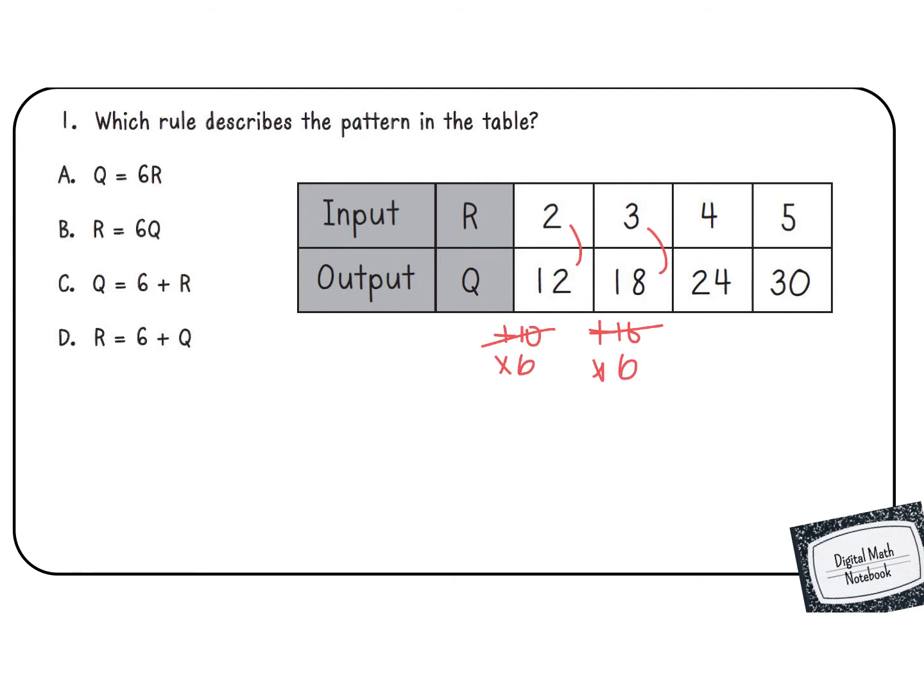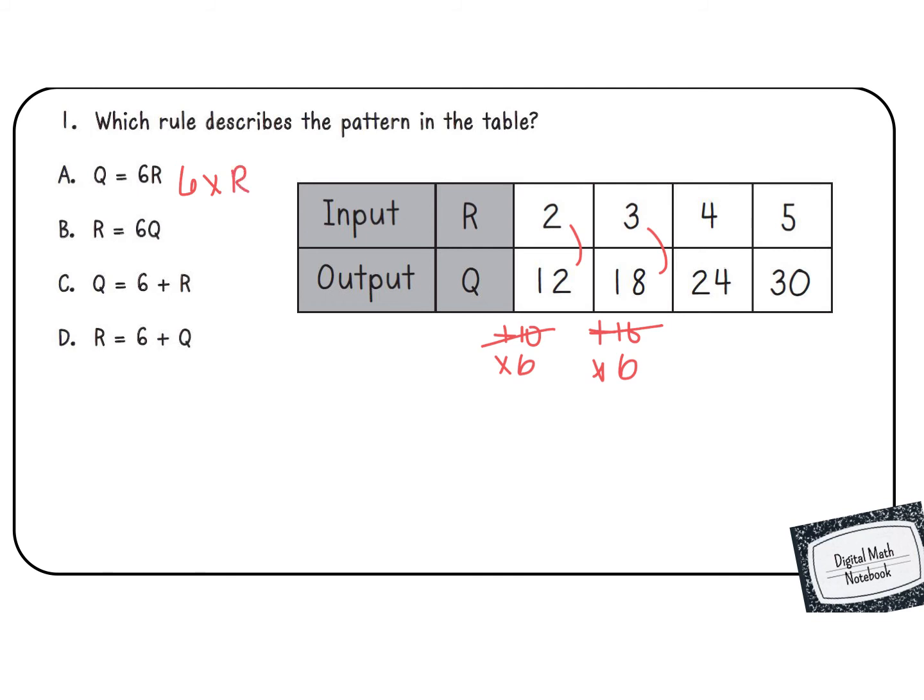So remember that we always want to check our rules with a couple different terms of our pattern to make sure it works. Let's look at the multiple choice to see what our options are. The first one says that Q equals R 6, which means that R and 6, since they're touching like that, are being multiplied together.